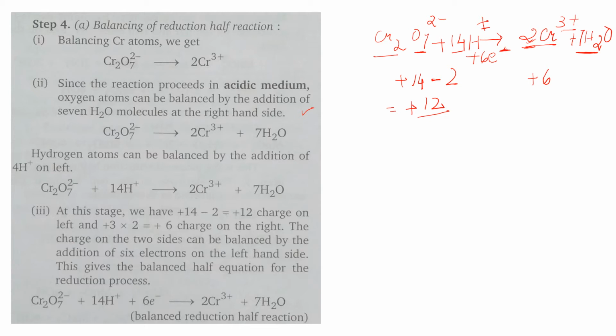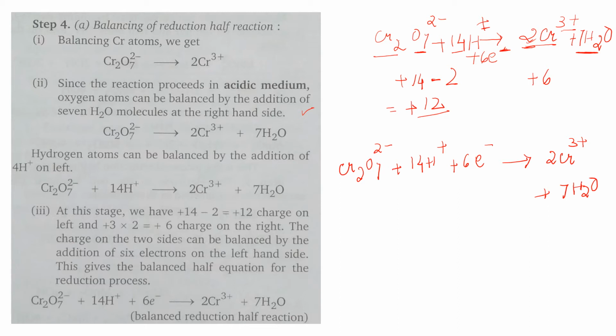So my balanced reduction half reaction is Cr2O7 2 minus plus 14H plus plus 6e minus giving you 2Cr3 plus plus 7H2O. This is my balanced reduction reaction.